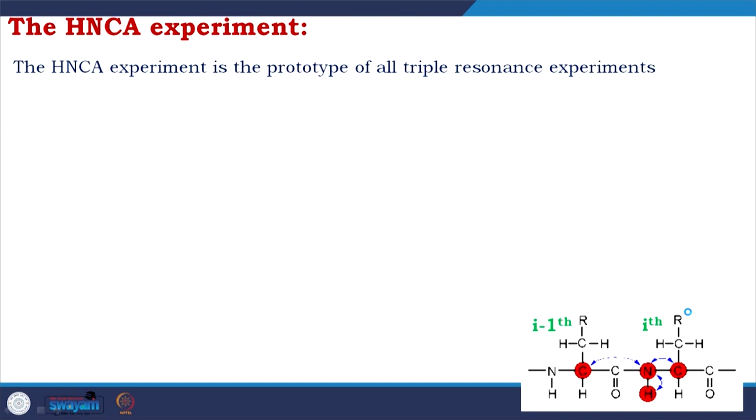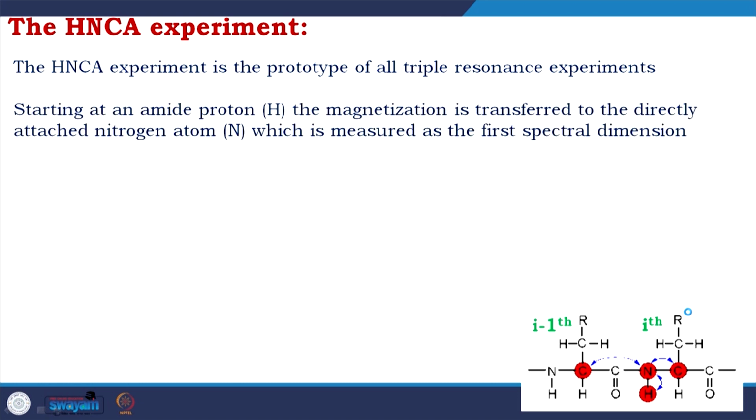The HNCA experiment is the prototype of all triple resonance experiments. So if you understand HNCA, you understand all possible triple resonance experiments. Starting at an amide proton, if you see here, you have the amide proton, CONH, the hydrogen; the magnetization is transferred to the directly attached nitrogen. So from this it would be transferred to this, which is measured as the first spectral dimension. Okay.